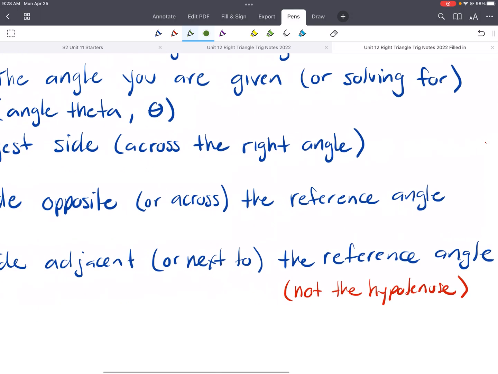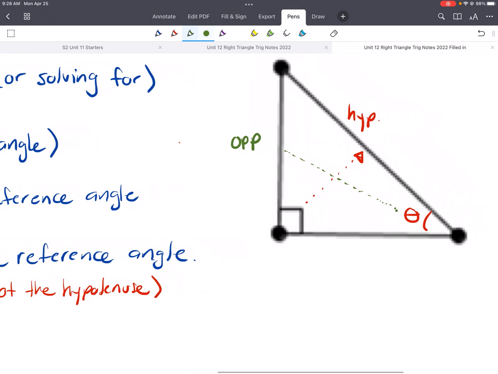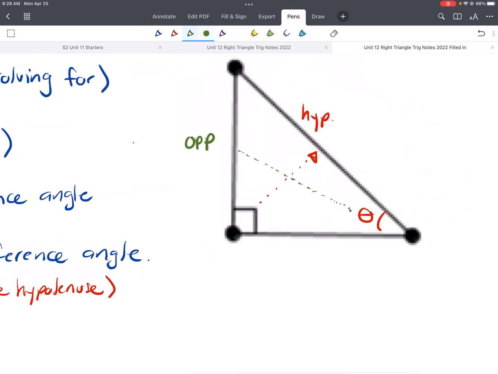The adjacent side is the side that's next to that reference angle, and it's never the hypotenuse. So here, this would be what's next to it. That's our adjacent. Those are the three things you need to be able to find: the hypotenuse, opposite, and adjacent, given a reference angle.